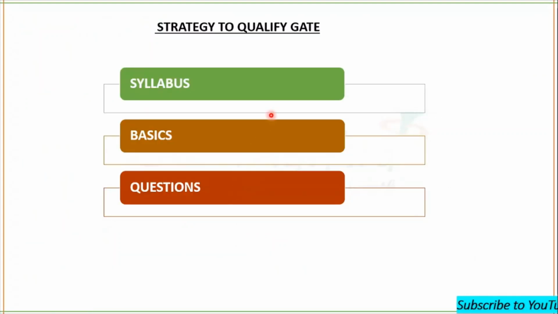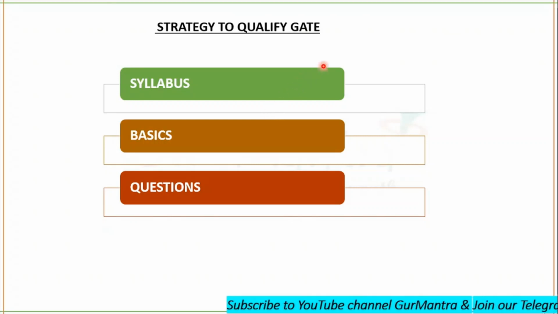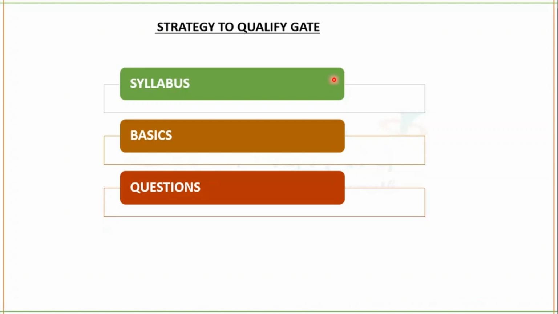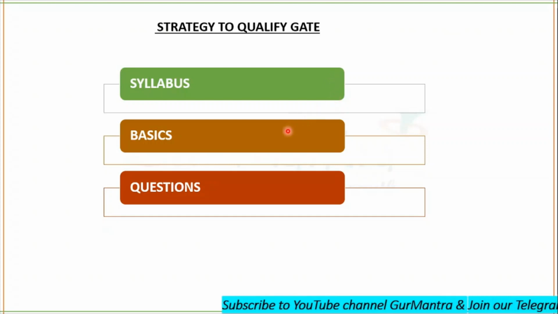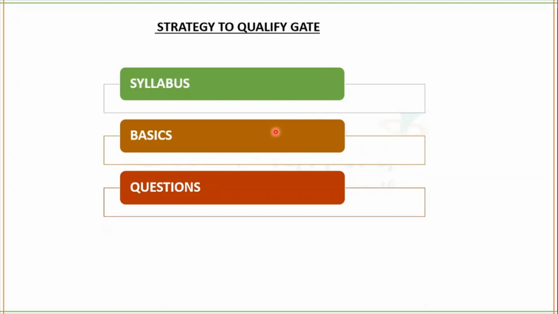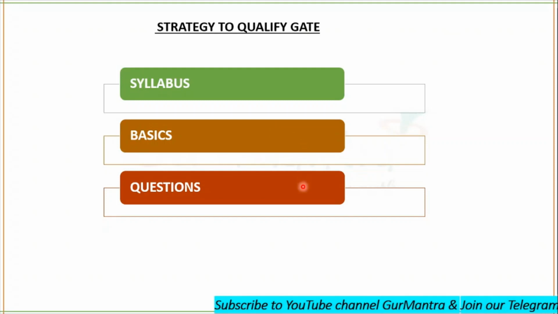And next comes the strategy to qualify GATE. See, we just saw the whole syllabus. It means the first thing you need to do is to go through your syllabus. And then you can see that almost all the things are based on basics. You need to clear your basics, then go into the depth and solve the questions.